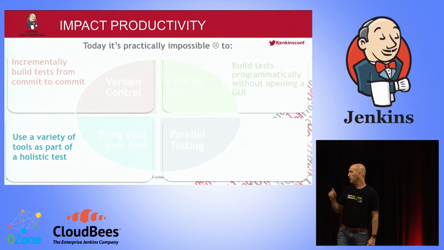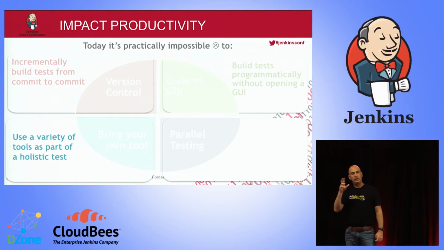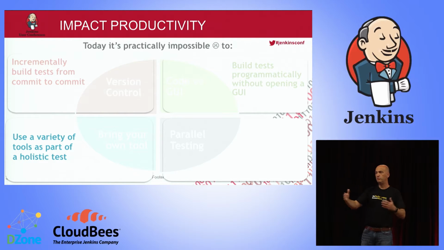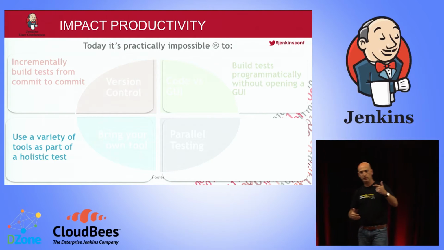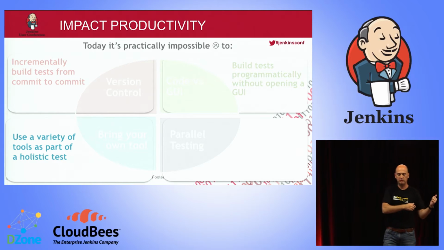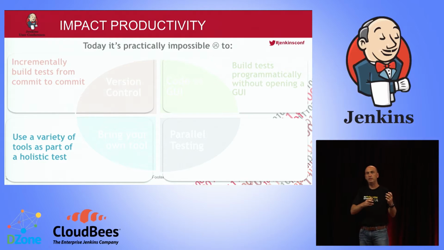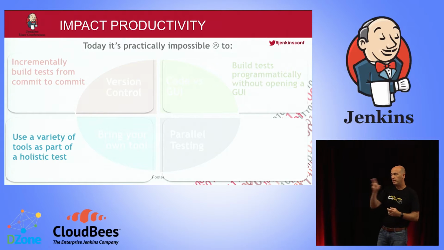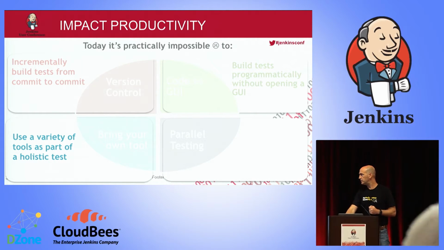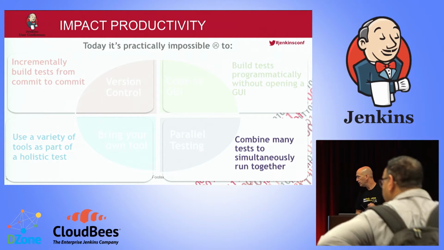Okay, but today, to run them, you still need to invest in each and every test and know each and every tool that you're running. And if someone else wrote the test for you, it becomes very challenging to understand what he or she wrote and then produce intelligence. But to be able to use a variety of tools as part of a holistic test, this is something that is tough to do today.